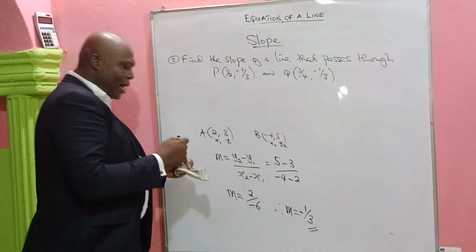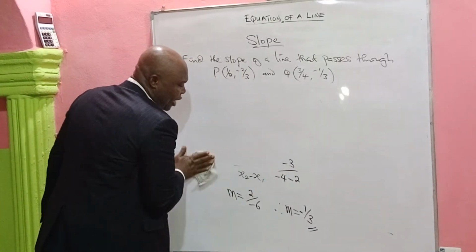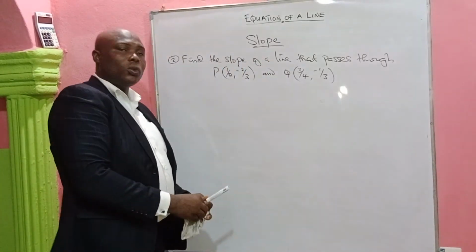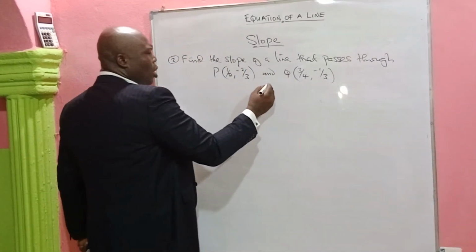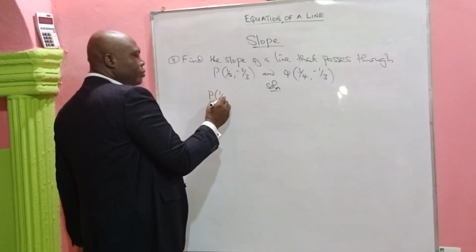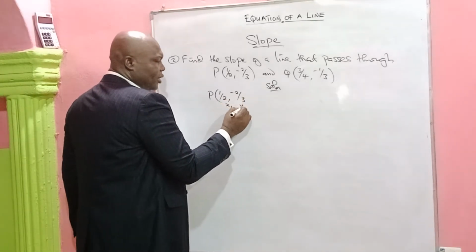Okay, so we want to find the slope of the line that passes through those 2 points P and Q. It's the same thing. It's as simple as the previous one we just did. So you should understand that the point P, half and minus 2 over 3, is your x1 and y1.